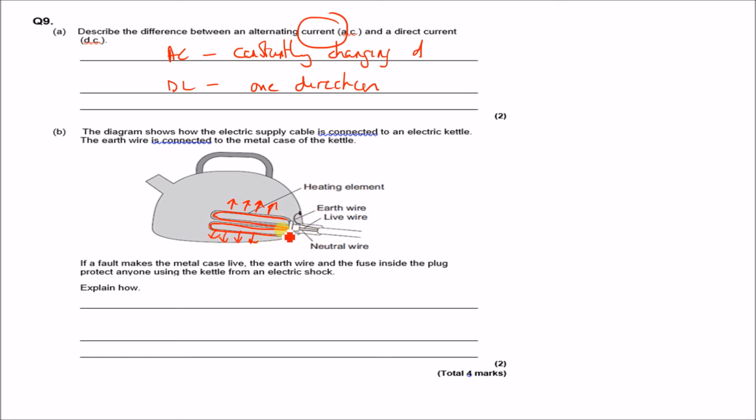Now, if for some reason the live wire became connected to the metal casing, because the earth wire is also connected to the metal casing, the current would no longer flow through the high resistance filament bulb. It would go down the lower path, or a much higher current flow would go down the path of lower resistance.